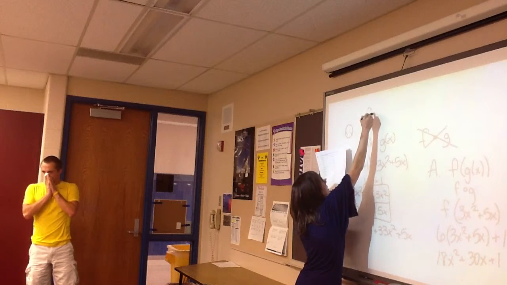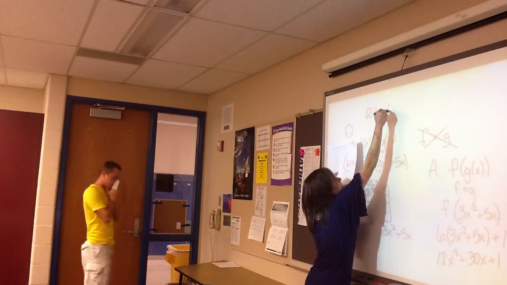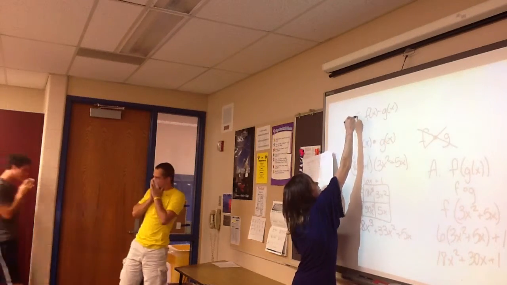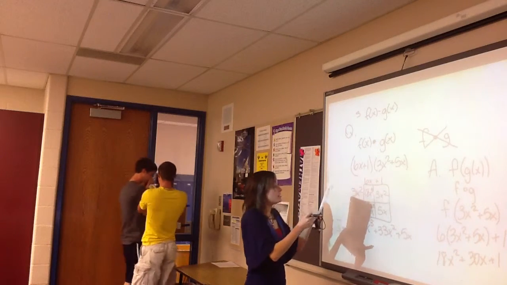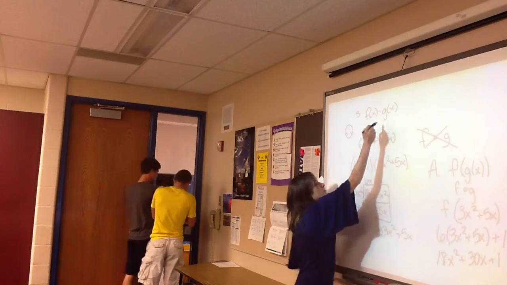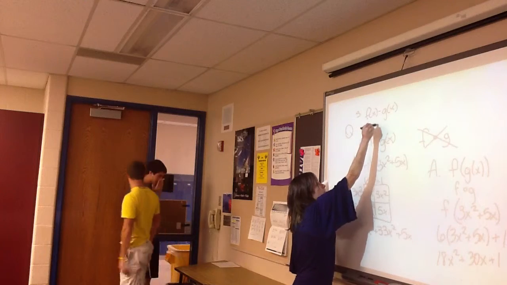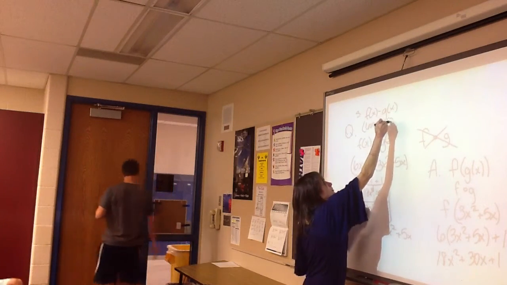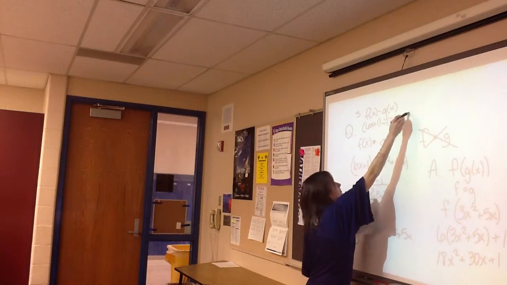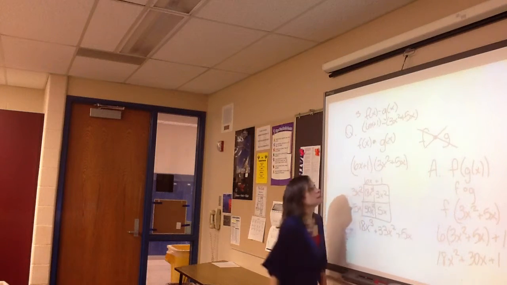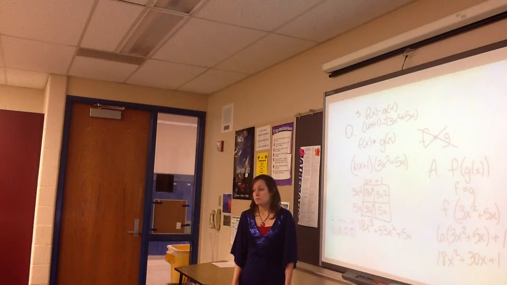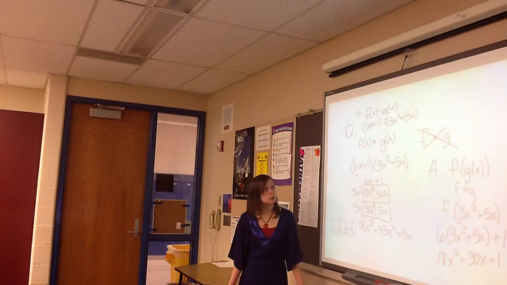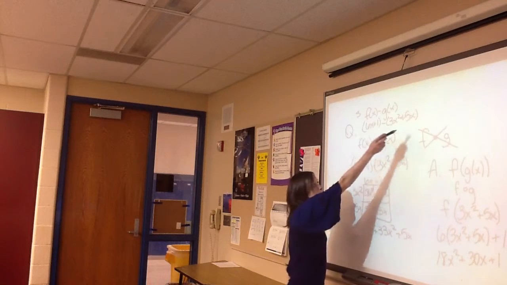So f of x minus g of x. This is letter S. F of x was 6x plus 1. So we're going to go 6x plus 1 minus g of x, which is 3x squared plus 5x. Subtract like terms, or distribute your negative if you want.